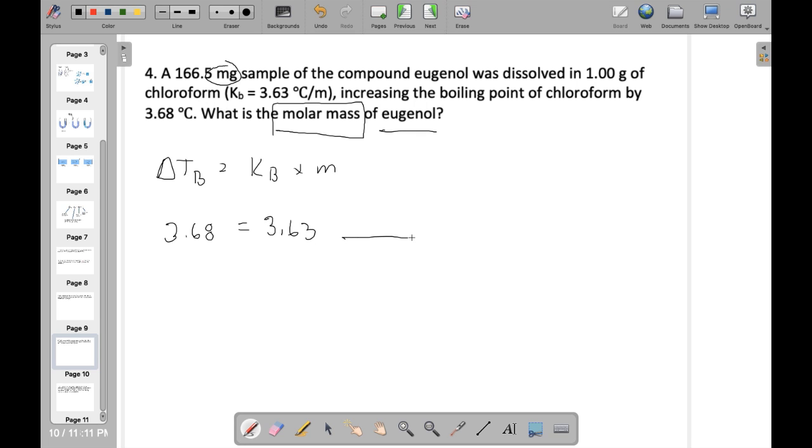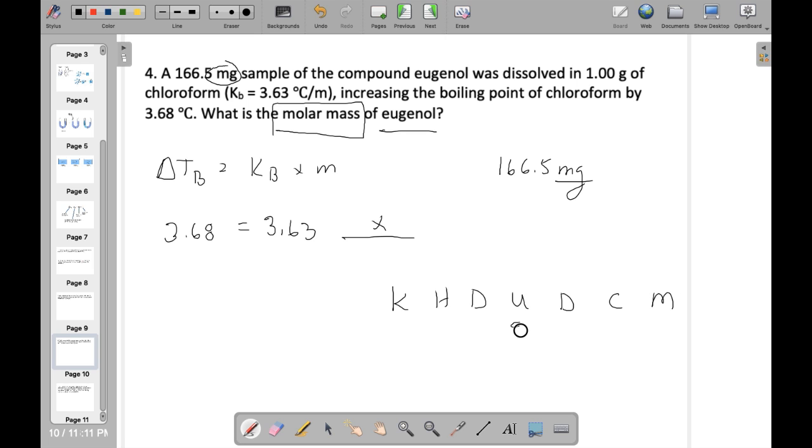Yet again, we do not have the molality. We don't have the moles. But we have a 166.5 milligram sample of this stuff. 166.5 milligrams. Okay, let's go back to King Henry doesn't usually drink chocolate milk.